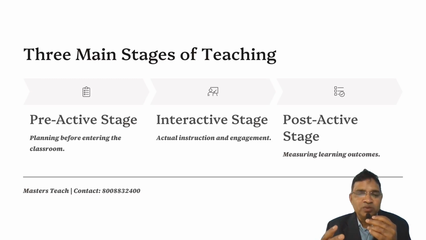The interactive stage is what instruction you give and how you engage students. The post-active stage is very simple: once you finish your class, you test, and you measure the learning outcome.